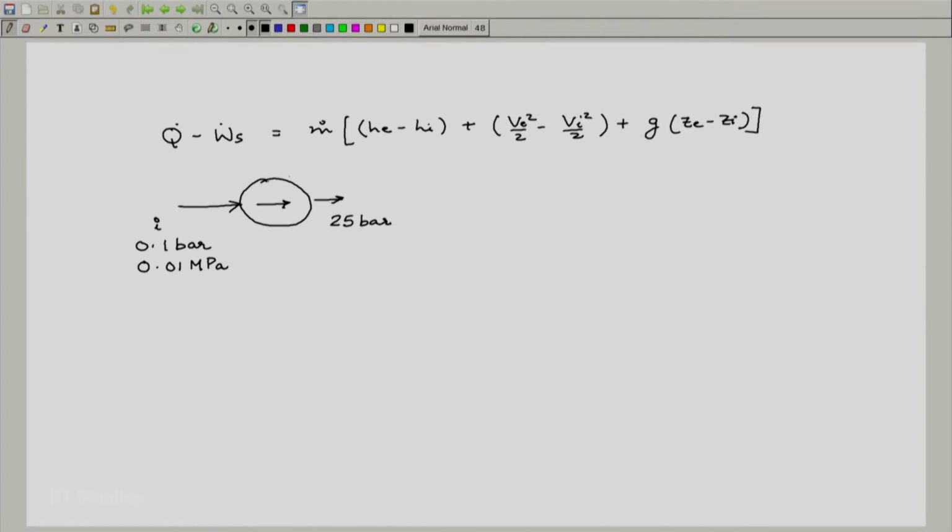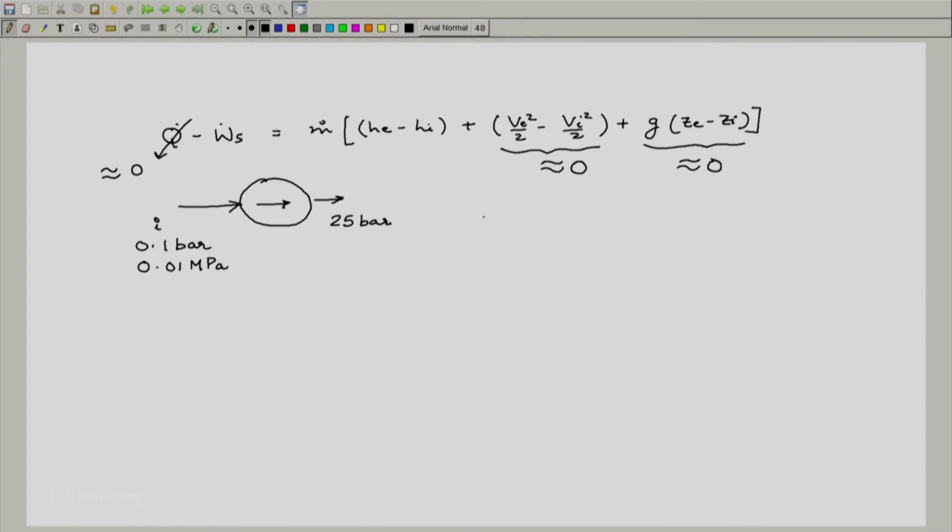So the pump is assumed to be adiabatic, this is equal to 0. We do not really expect the kinetic energies to change too much. So as a reasonably good approximation, we put this equal to 0. Between the pump inlet and outlet there may be some difference in heights, but that is really negligible.